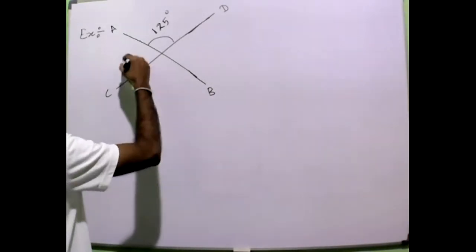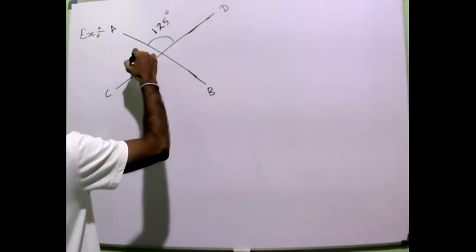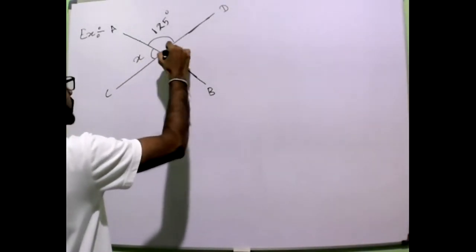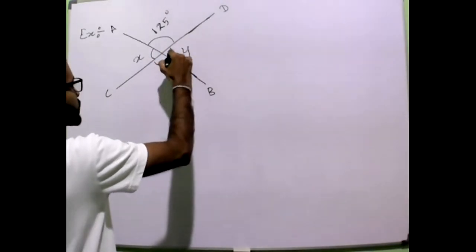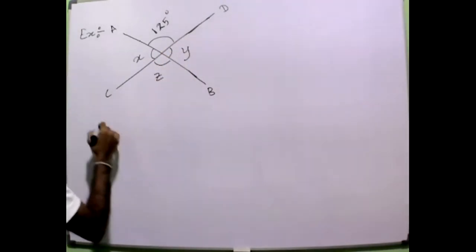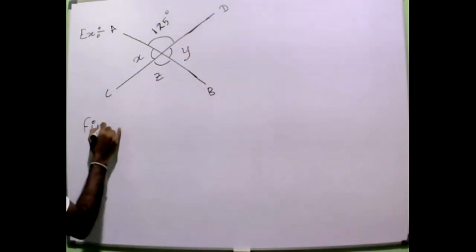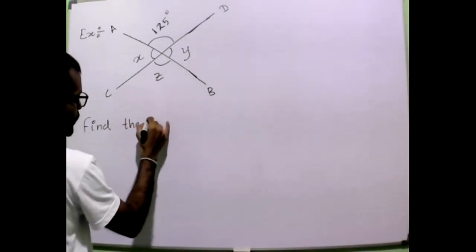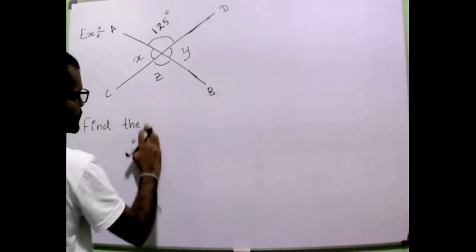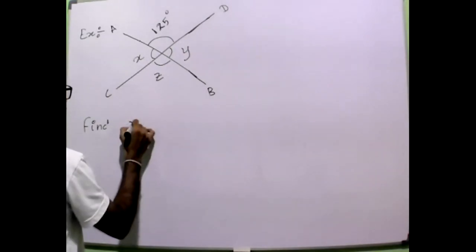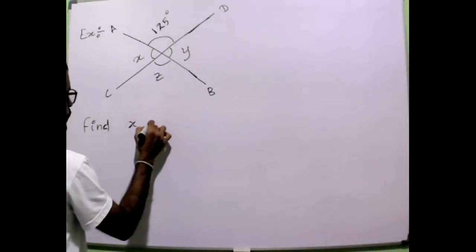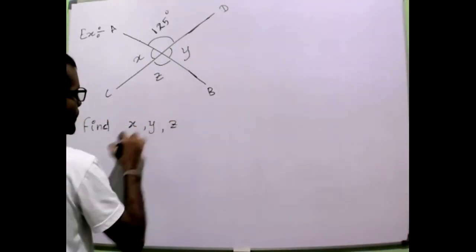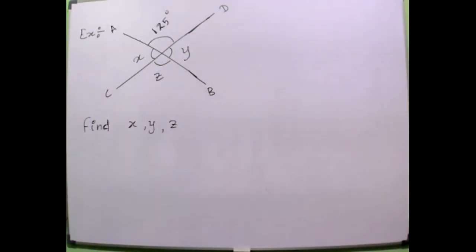I will say this is X, this is Y, this is Z. So in the question they are asking you to find the values of X, Y, Z. Find X, Y, Z. Right? So this is it.